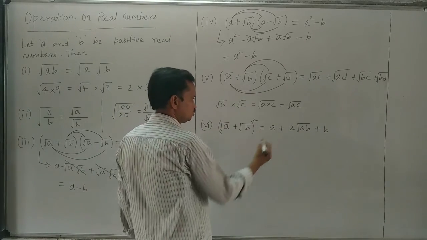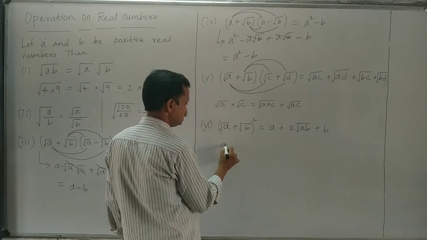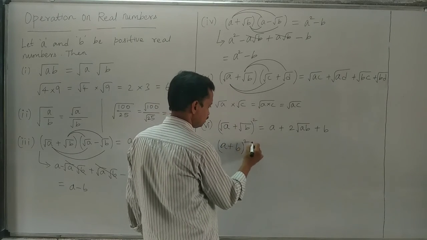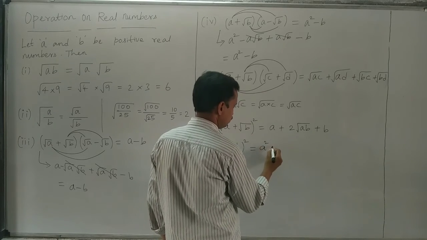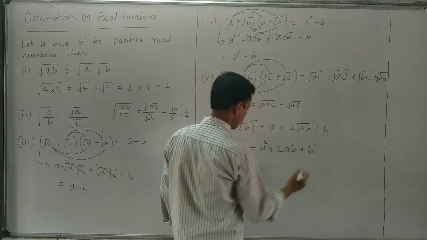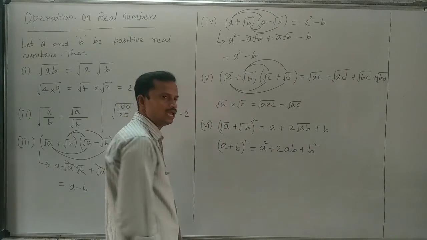And now coming to the last one, the same way. A plus b whole square, you know already the algebraic identity. A plus b the whole square equals a square plus 2ab plus b square. So this is the algebraic identity, and you are applying it for root a, root b.